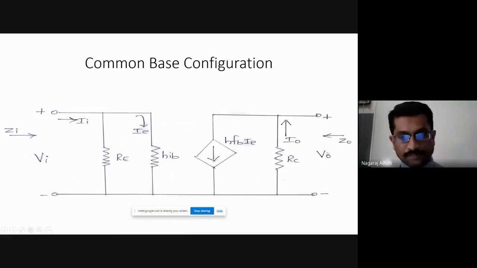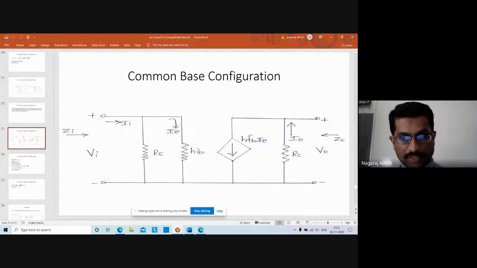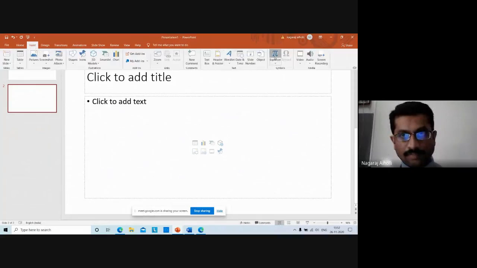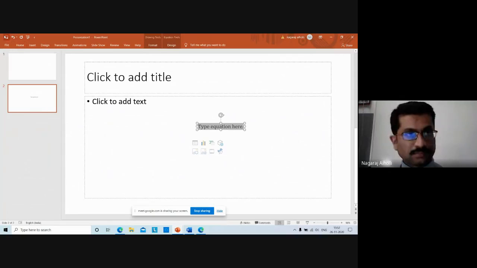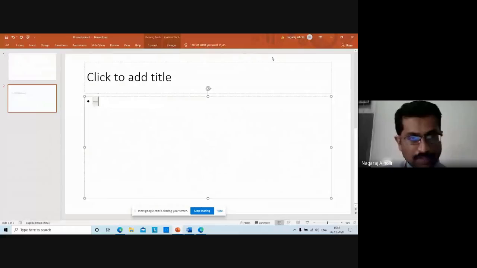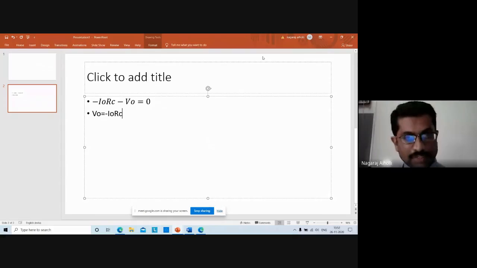What is the equation here? The equation is minus I naught RC minus V naught, the output voltage, equals 0, or V naught is equal to minus I naught into RC.